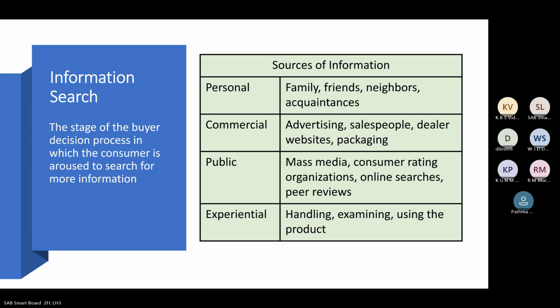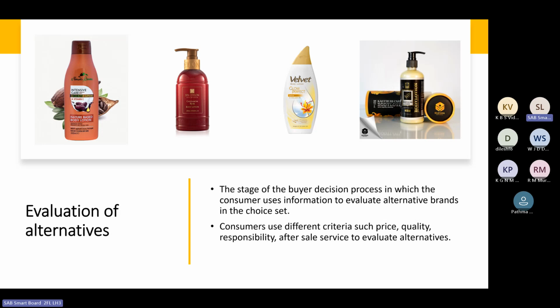Then in the third stage, we might be evaluating that information. This is the stage of the buyer decision process in which the consumer uses information to evaluate alternative brands in the choice set.